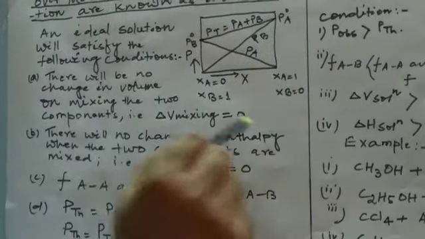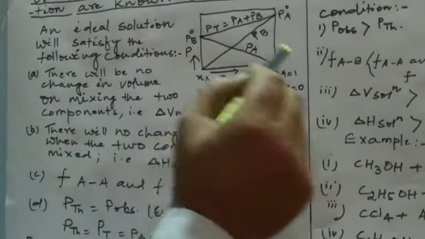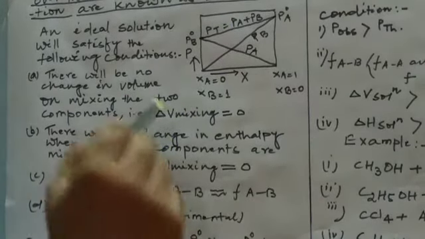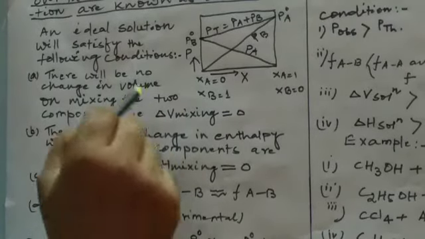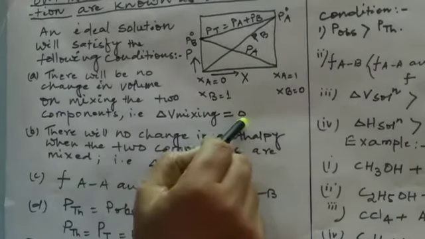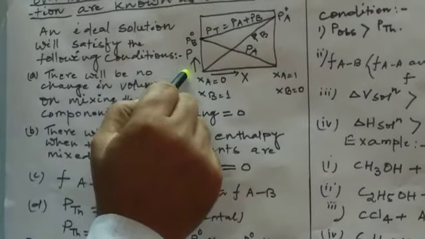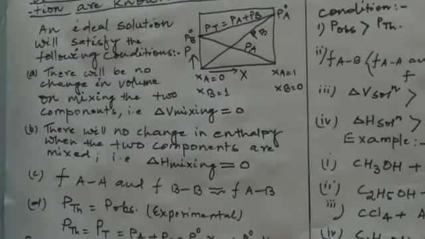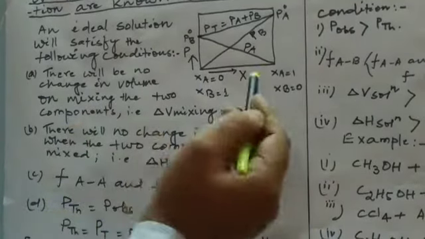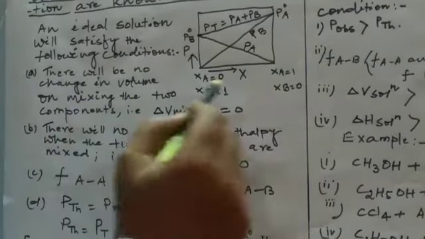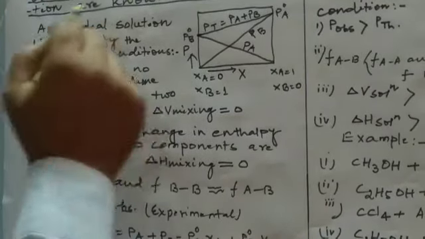So the total volume of the solution on mixing should be 20 liter. That means the change in volume will be 0, because 10 liter of liquid A and 10 liters of liquid B are taken, and on mixing do not show any change in volume.